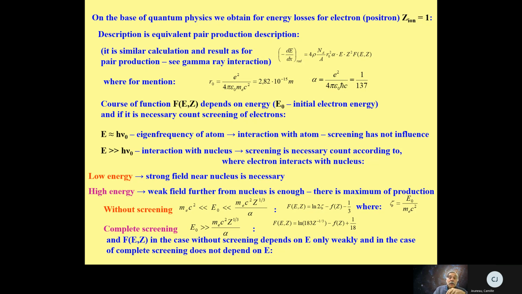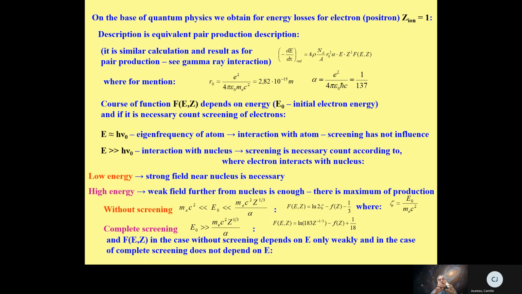That means this field is weak. If you have high energy, this weak field is enough to produce Bremsstrahlung radiation.